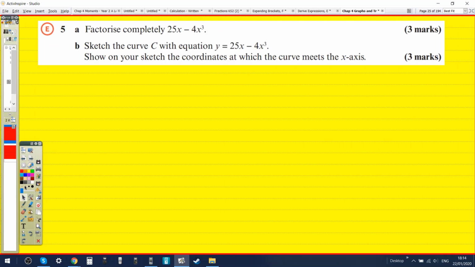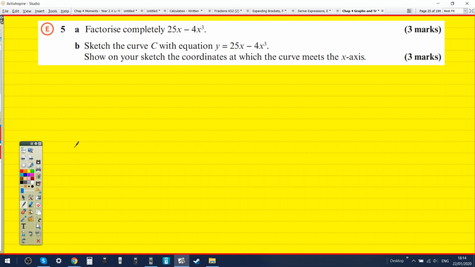Okay, how about this one? A. It says x equals 2.5 and x equals minus 2.5.